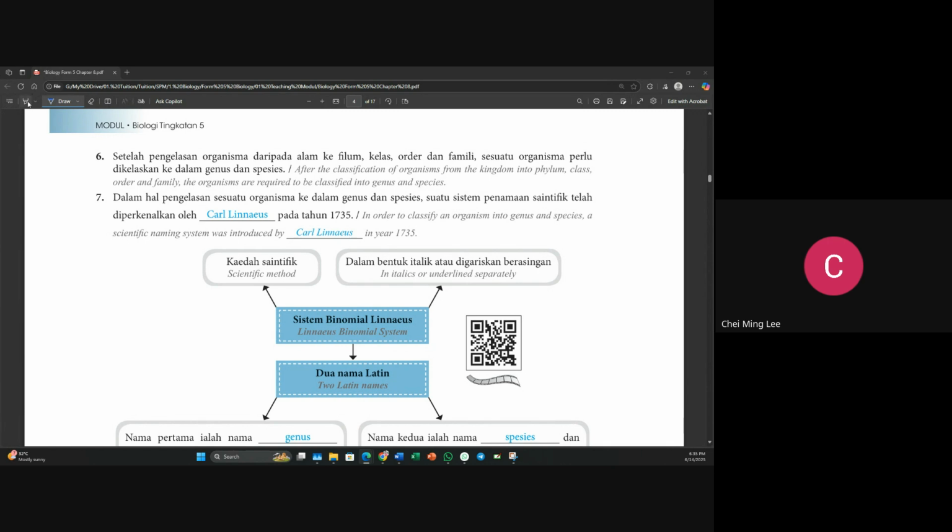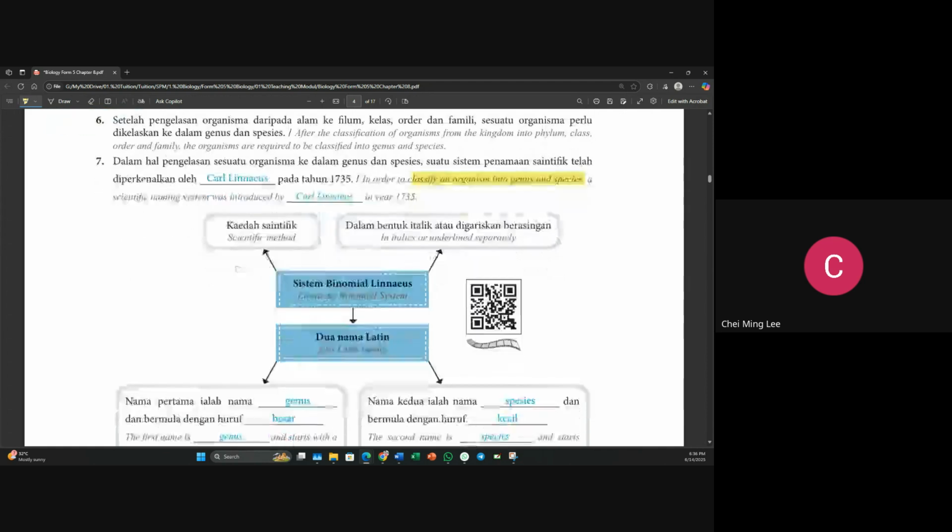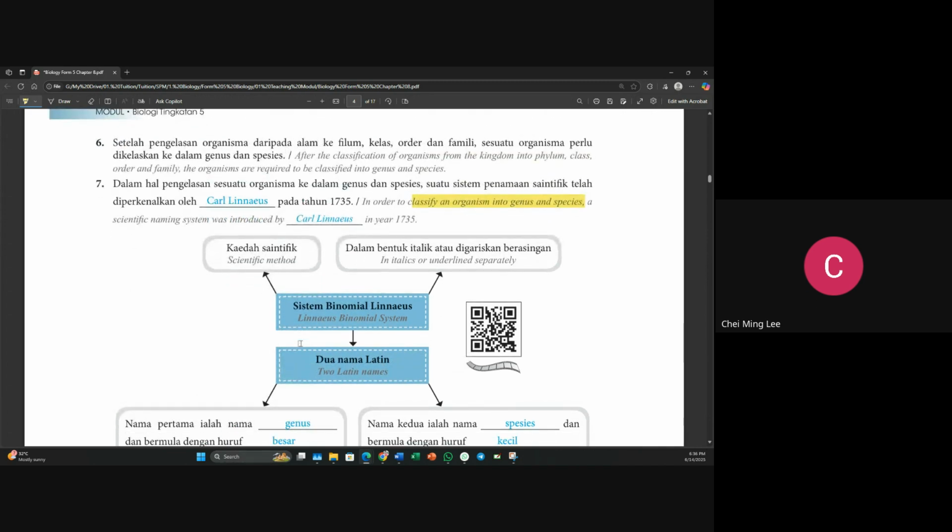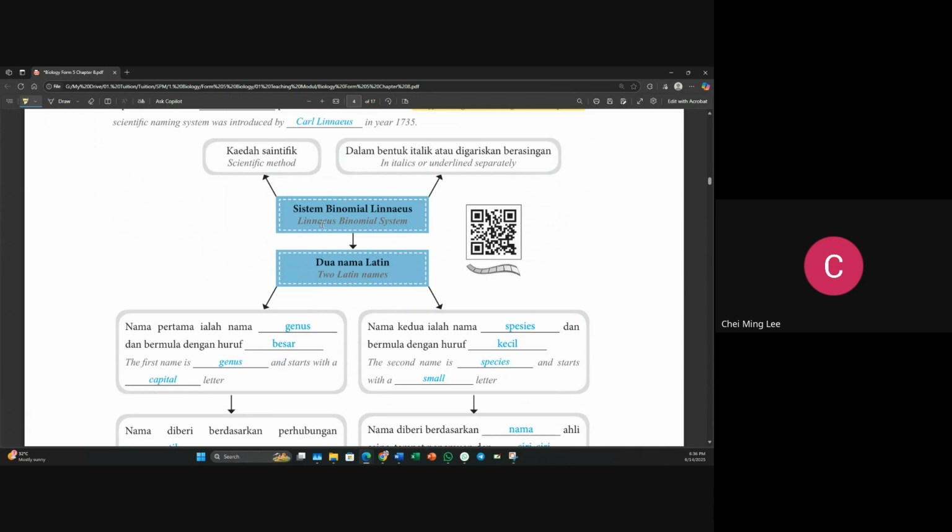In order to classify organisms into genus and species, they introduced the binomial Linnaeus system. Why is it called Linnaeus? Because the scientist who invented this is Carl Linnaeus. It is a scientific method where in this system, you use italics or underline separately.